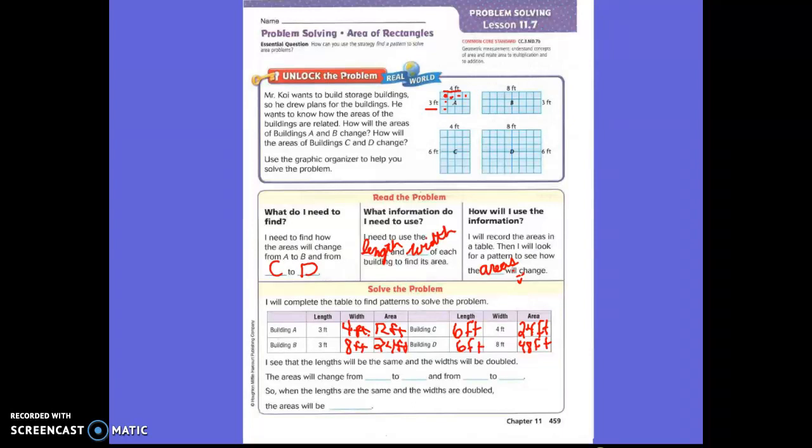Okay. So the areas will change from 12 to 24. That's just 12 plus 12. Right. So 12 to 24. And 24 to 48.